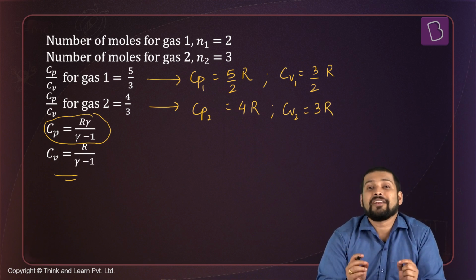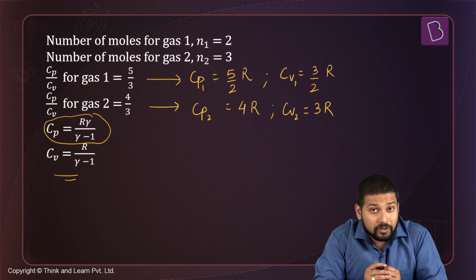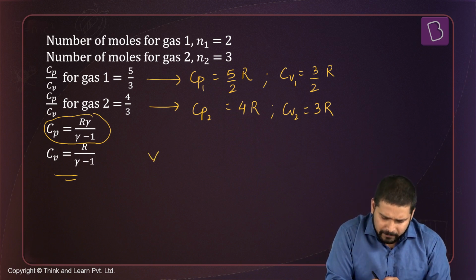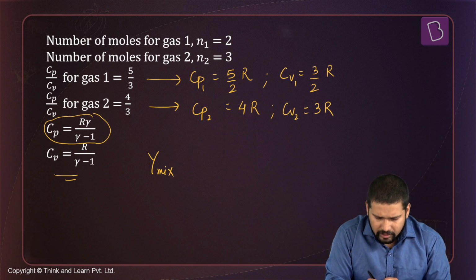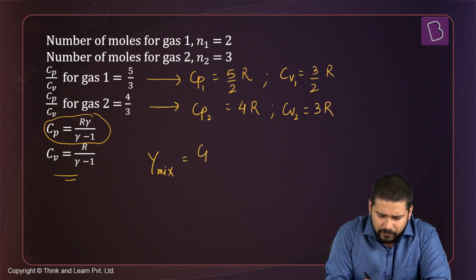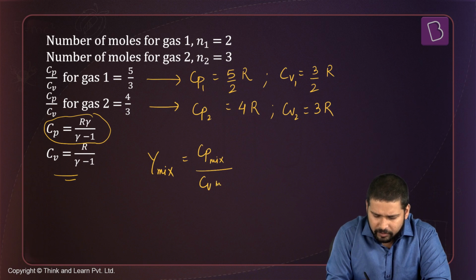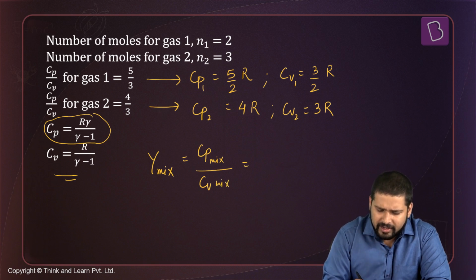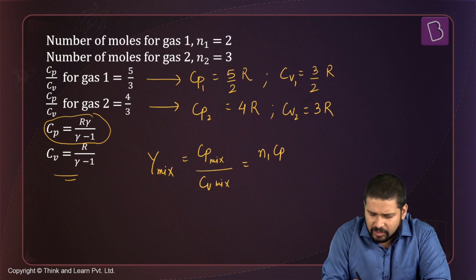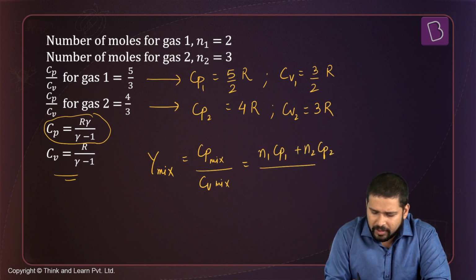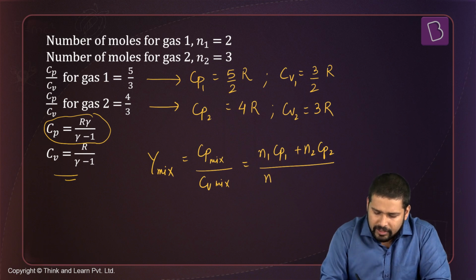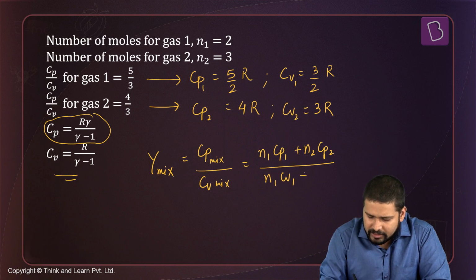Now you need to get the value of gamma of the mixture. So gamma of the mixture is equal to Cp of the mixture divided by Cv of the mixture. And this can be written as N1 Cp1 plus N2 Cp2 divided by N1 Cv1 plus N2 Cv2.